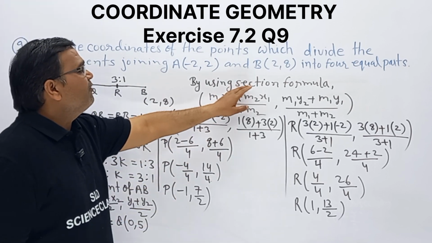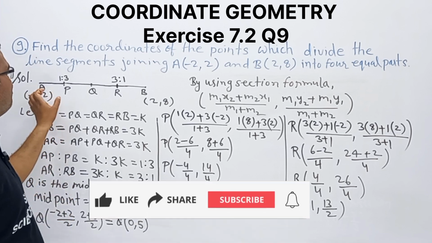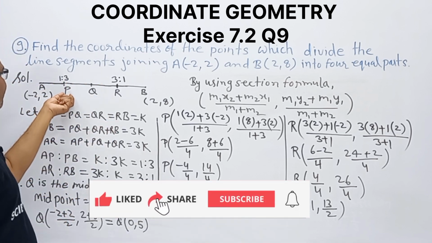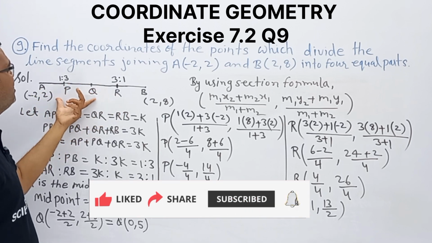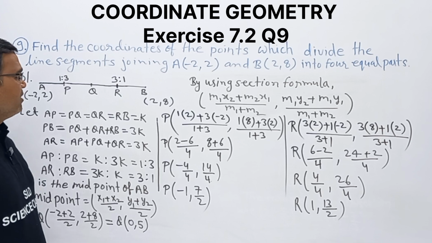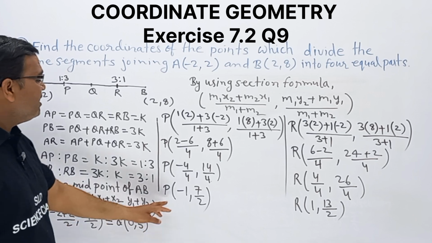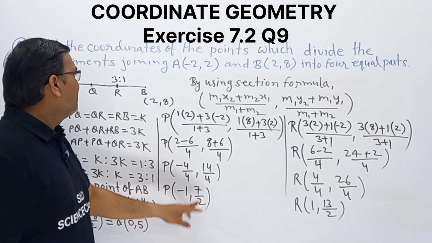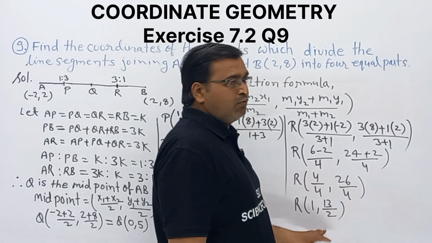For the section formula we require the ratio. Since all these parts are equal, P has ratio 1:3 and R has ratio 3:1. Then we put the values in the section formula and solve. We get P coordinates as -1 comma 7/2 and R coordinates as 1 comma 13/2.